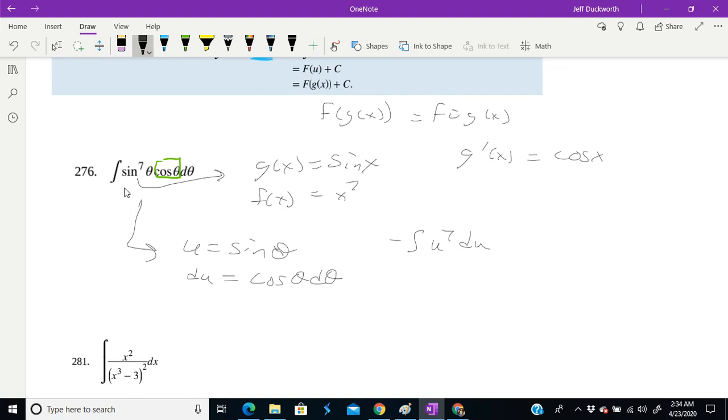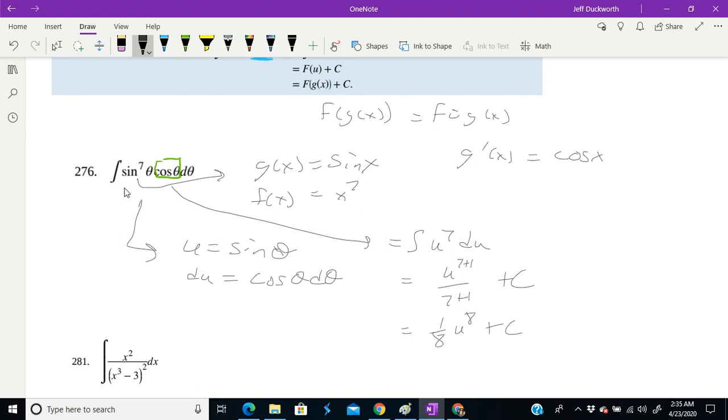So that's what this equals. Bit of a mess, I apologize, but this is the basic form of it. Now we know how to take the antiderivative of U to the 7th, or X to the 7th, or whatever. So this is equal to U to the 7 plus 1 over 7 plus 1, plus C, which equals 1/8 U to the 8th plus C.